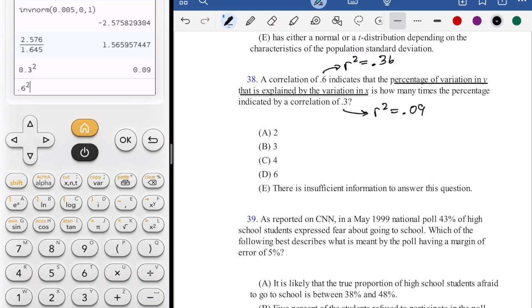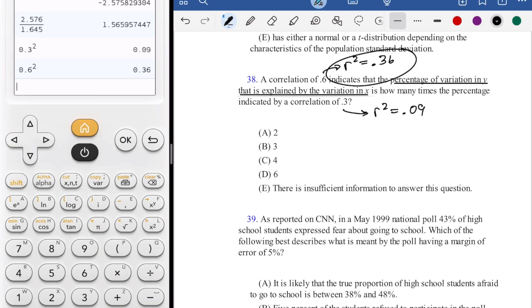They're saying that this top correlation is how many times the coefficient of determination, which is based in many ways off of whatever your correlation coefficient is. So how many times is this compared to that? That's just 0.36 divided by 0.09, which is equal to 4.